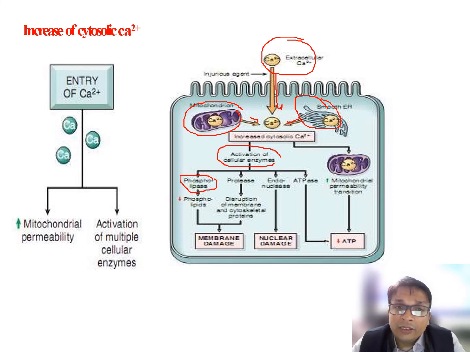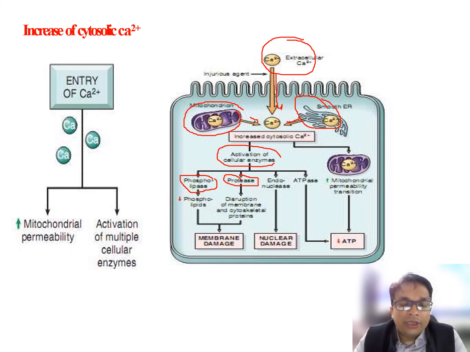It also activates the protease enzyme, which is responsible for the breakdown of protein. This results in damage of cellular membrane protein and cytoskeleton protein, which ultimately disturbs the normal physiological structure of the cell, resulting in damage of the cell membrane too.